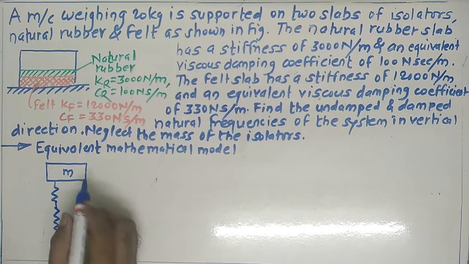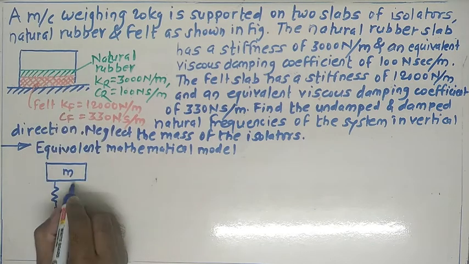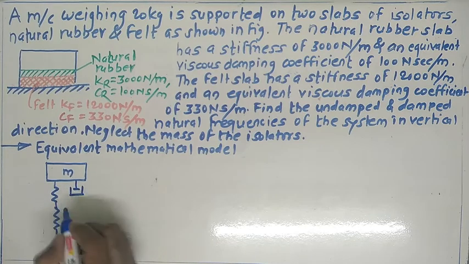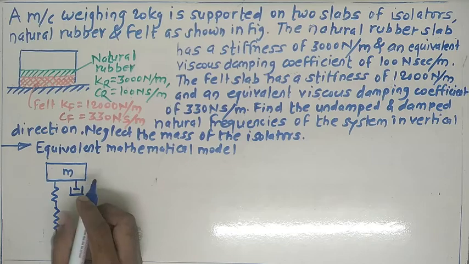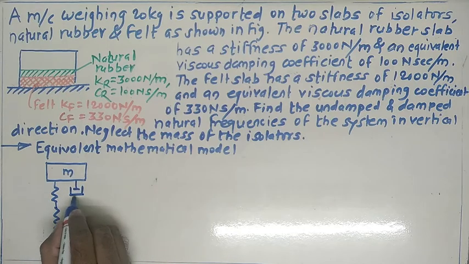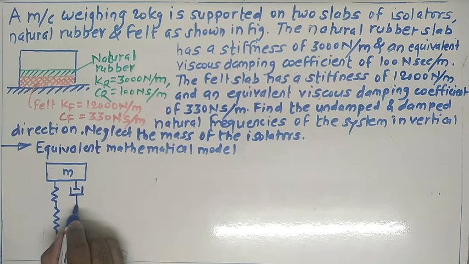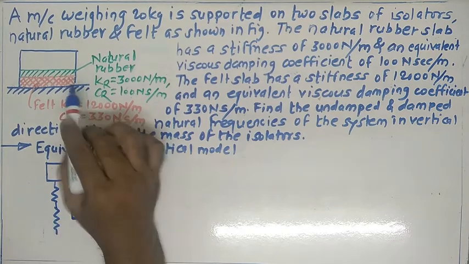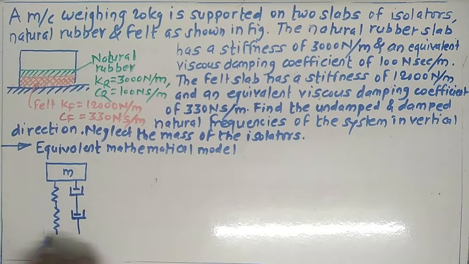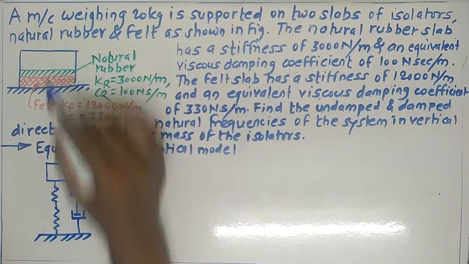Similarly, the resistance that comes in terms of its motion, you can consider in terms of a damper. So one damper comes for the natural rubber and the next damper comes for the felt. This is the mathematical model for this physical system.